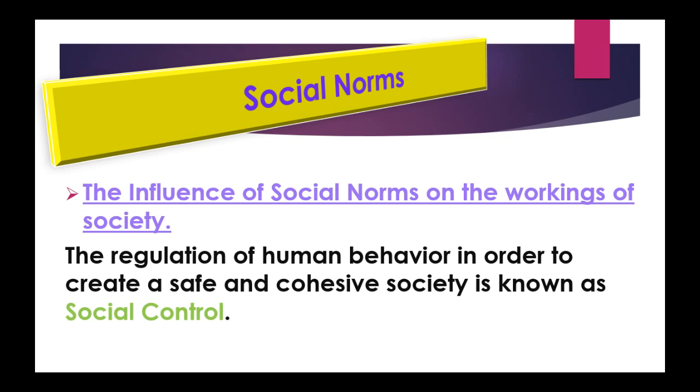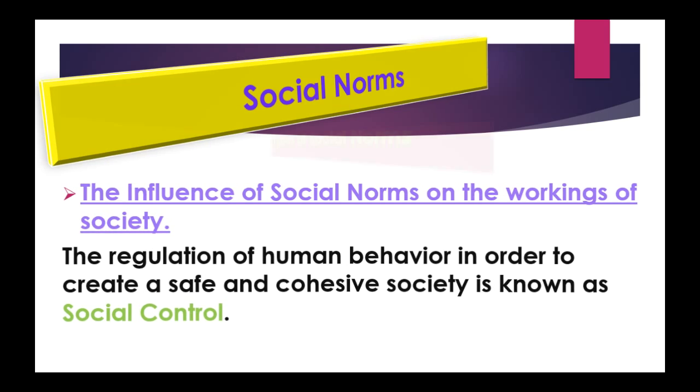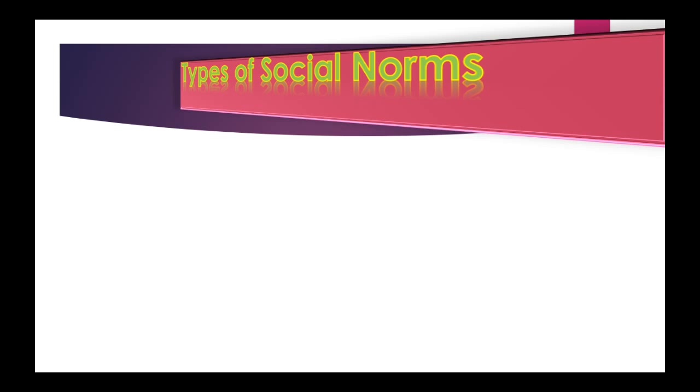And are known as social norms, right? So, social norms are significant because they reflect the values of society and they act as a means by which these values are transmitted and upheld, right? So, what we're going to be looking at next, types of social norms.